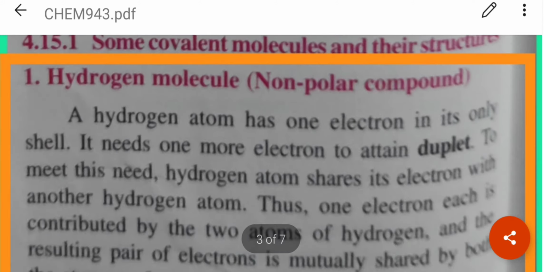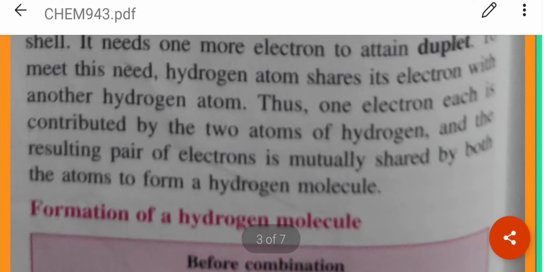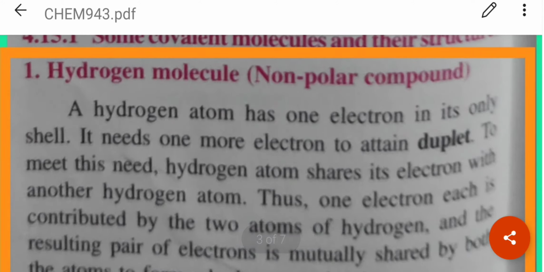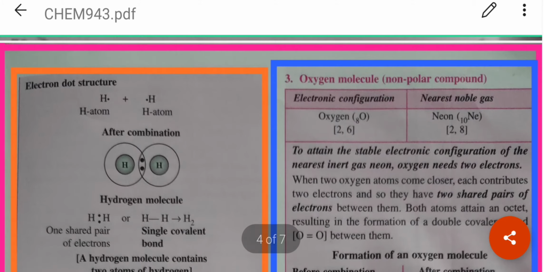First one is the hydrogen molecule. Now you know that hydrogen has only one valence electron, so it wants to attain a duplet, that is 2 electrons in the outermost shell. So you can see here one hydrogen atom with one valence electron, and the other one also has one valence electron. So what do they do? They combine.